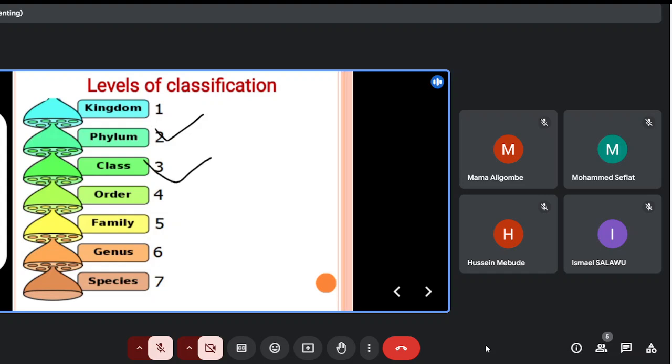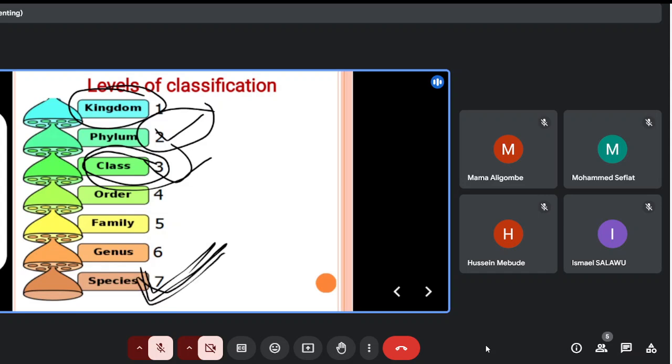Now, if you look at organisms under the phylum, they have more features in common compared to organisms that are found in the same kingdom. The same thing with the classes. Organisms that belong to the same class have more features in common than organisms of the same phylum. And then like that till he classified them to the least level, the basic level, the smallest level, which is what?